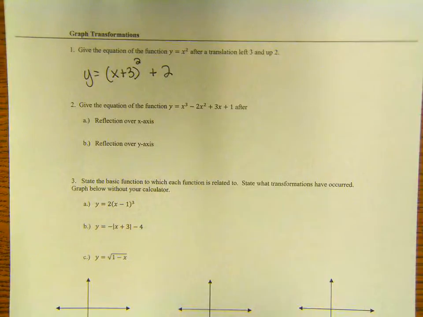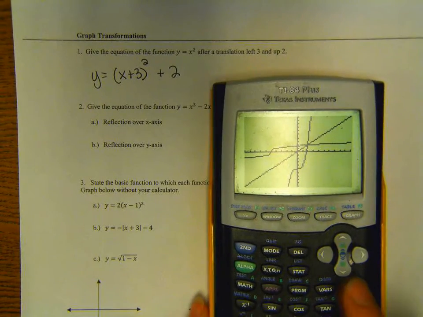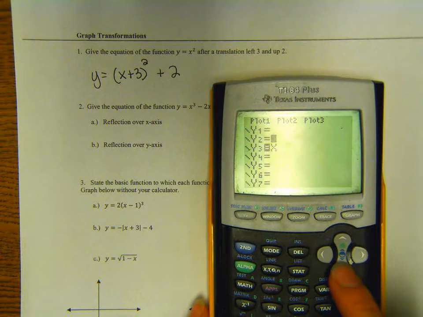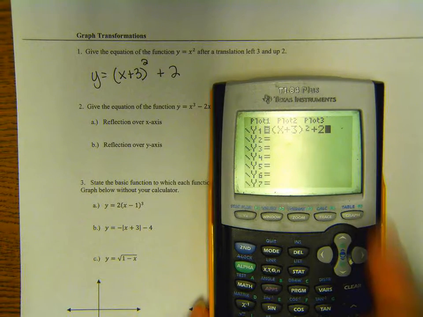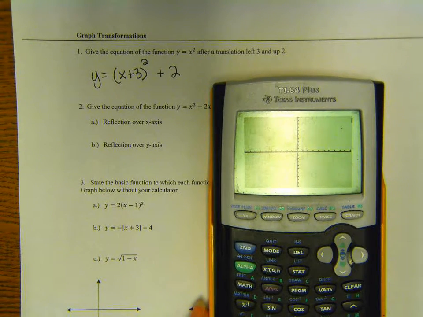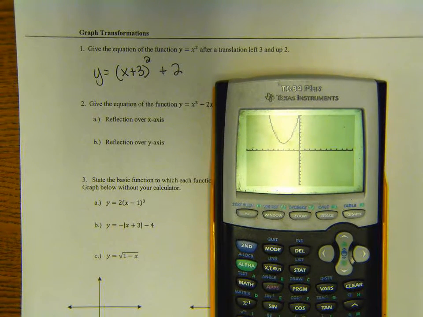Now, if you would take your graphing calculator out, this would be confirmed on the graph. Okay, doesn't that look like the parabola moved left 3, up 2? Good.